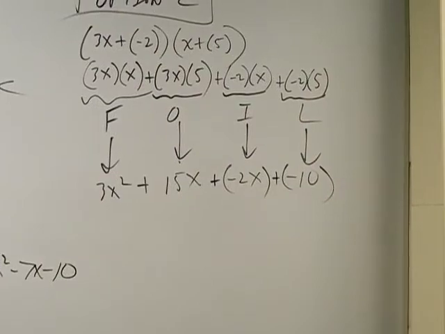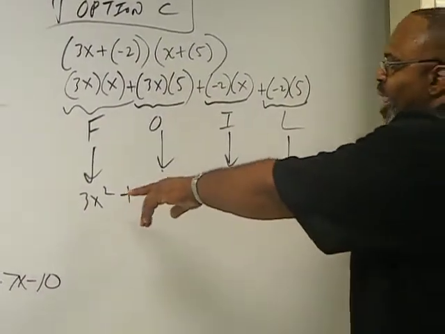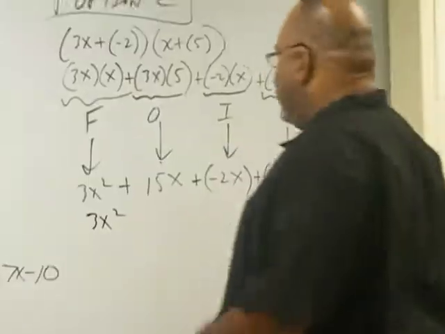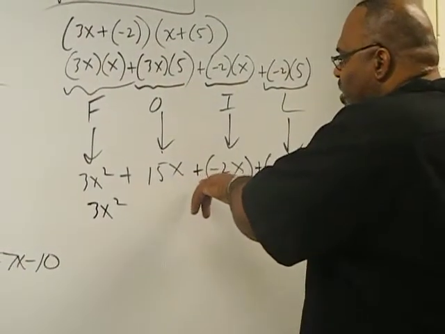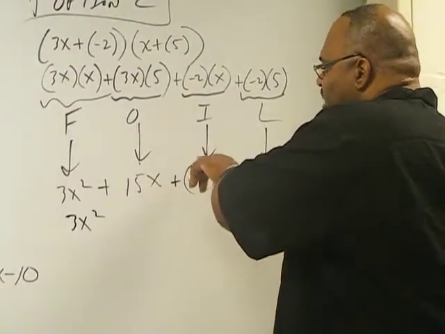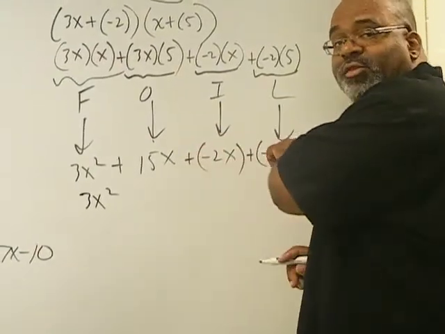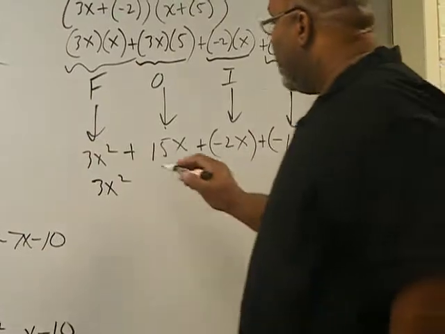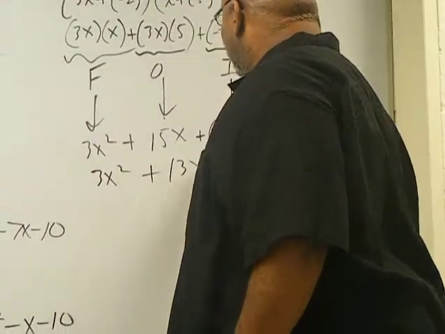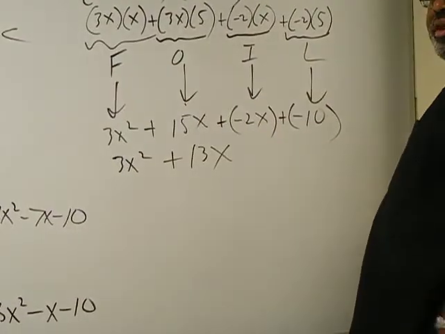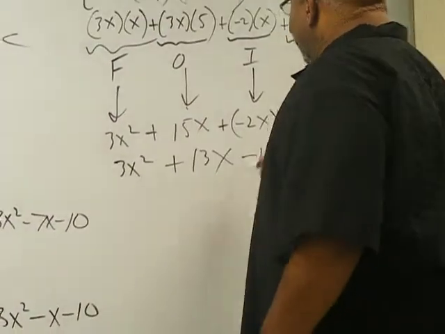So 3x squared, and then we have 15x plus times a negative 2x. That's going to give us 15x minus 2x. That's going to give us 13x. And then finally, the positive times the negative 10 is going to give us a minus 10.